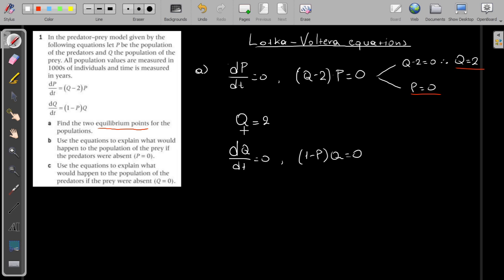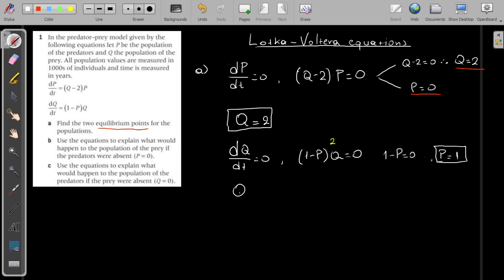When Q is 2, if I substitute Q by 2, the expression says something times 2 is 0. So Q is not 0, so 1 minus P should be 0, which means P should be 1. So when Q is 2, P should be 1.